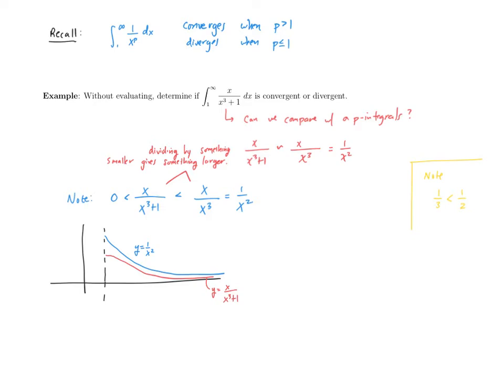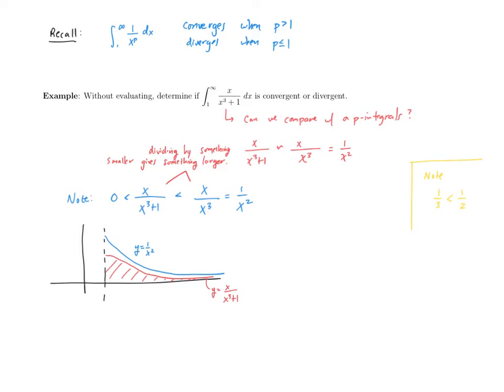And the integral that we are interested in, this improper integral from 1 to infinity of x over x cubed plus 1. Geometrically, the value of that integral would be calculating the area underneath this red curve. And if you know the area under the blue curve is finite, because that associated integral is a convergent p-integral, the area under the red curve must be finite as well.